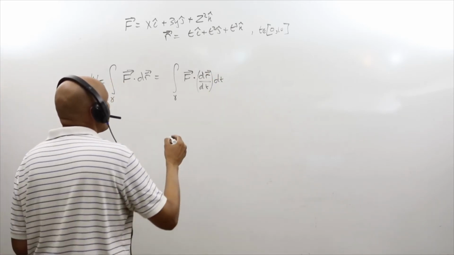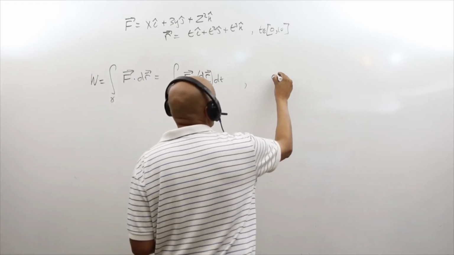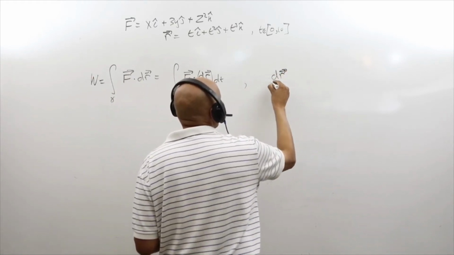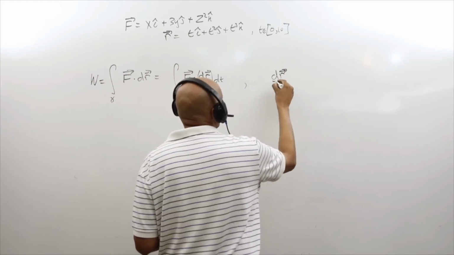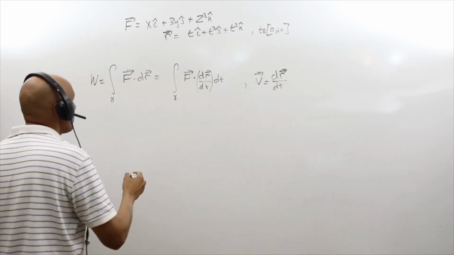So what is dr/dt? If you think about it, dr/dt is the velocity of the particle, the velocity vector. Let's do the calculation.